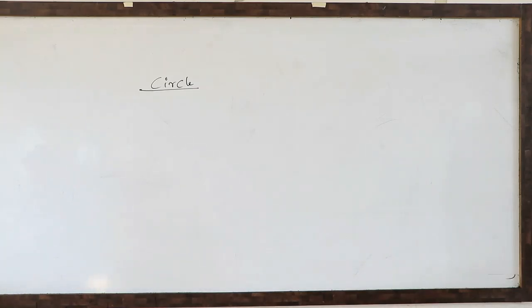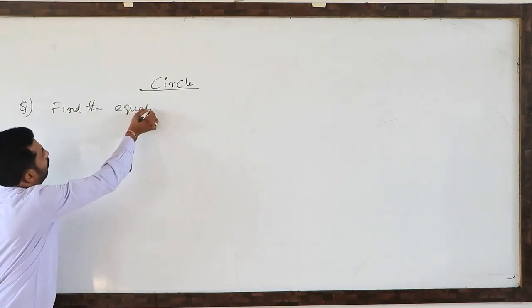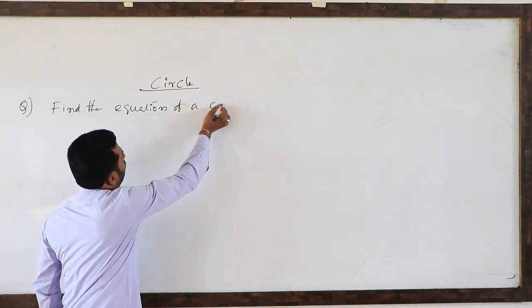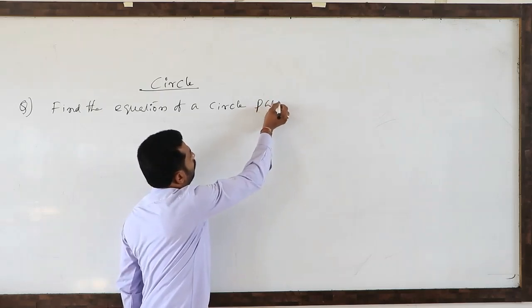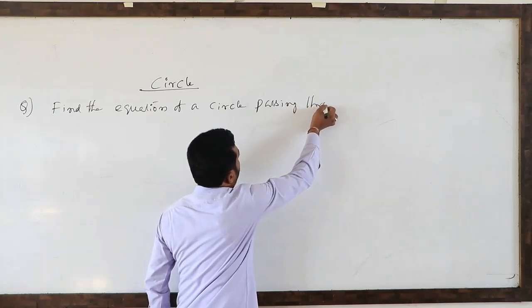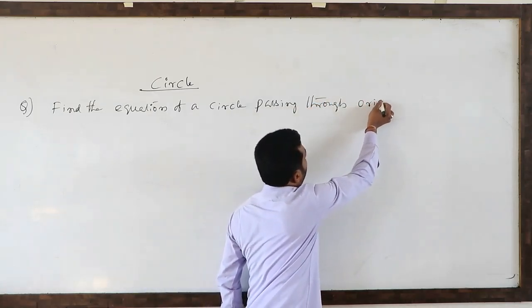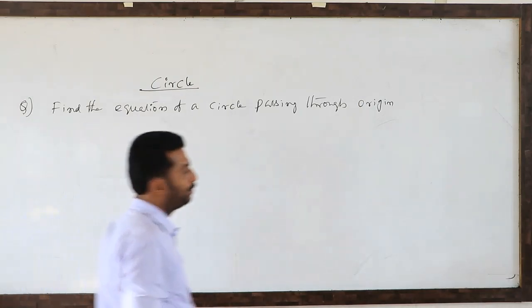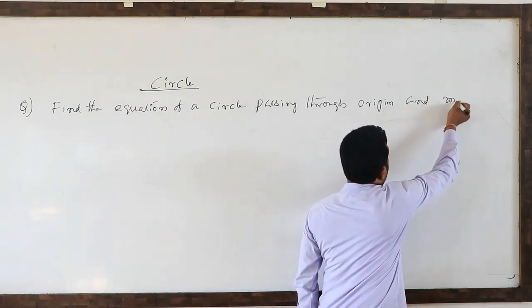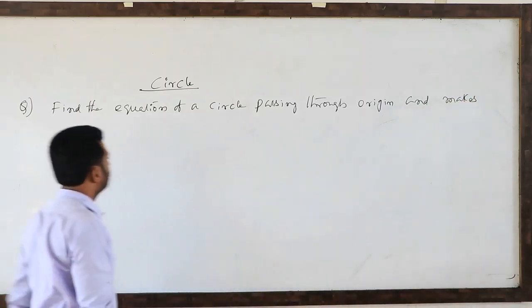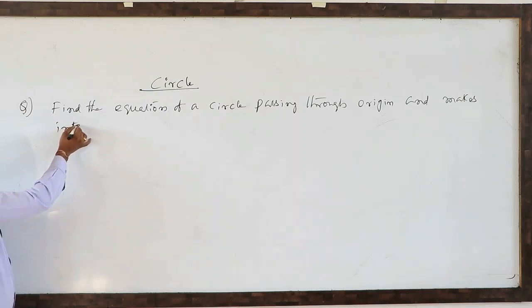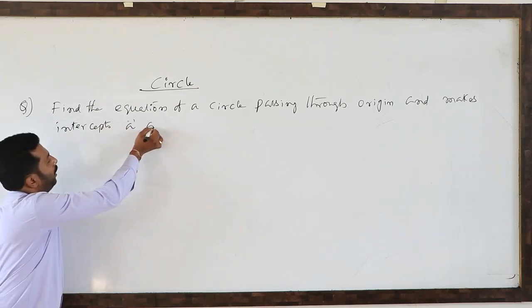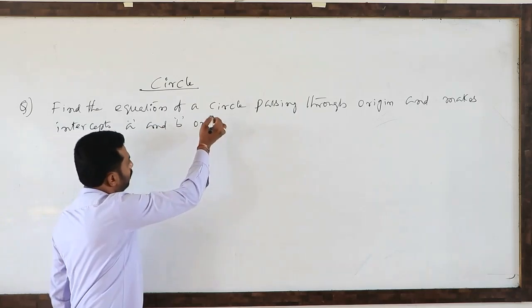One question. Find the equation of a circle passing through the origin and making intercepts A and B on the axes.